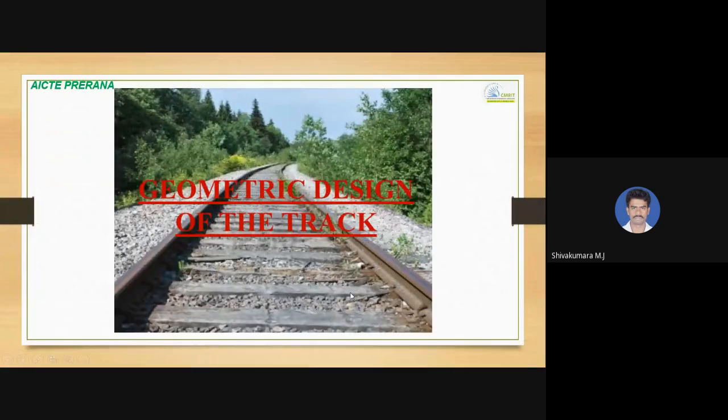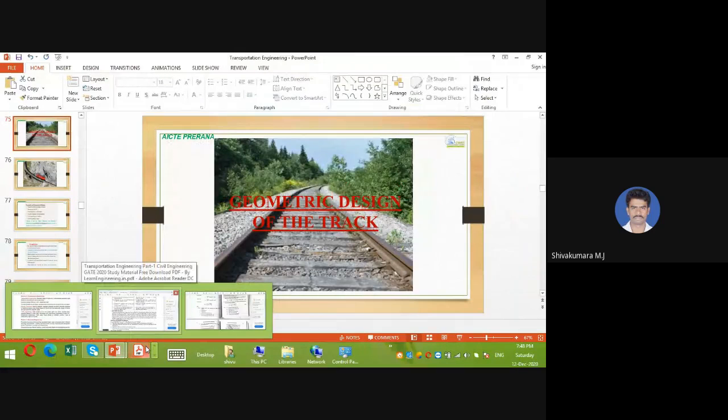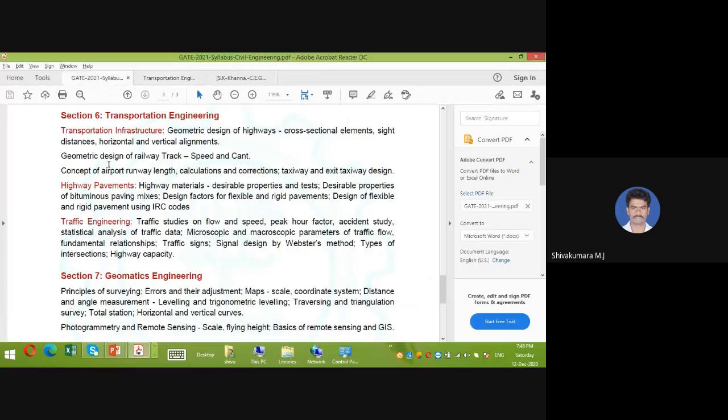So let us start the session. It's on transportation. In our previous class, we were discussing transportation engineering. In that, we covered geometric design of highways and the cross-sectional elements of the same.